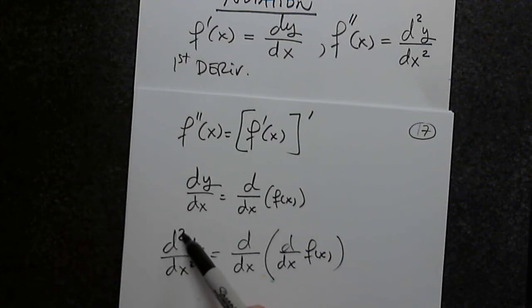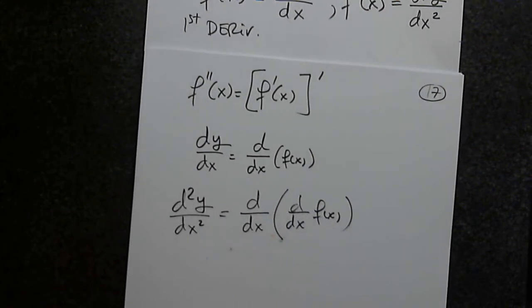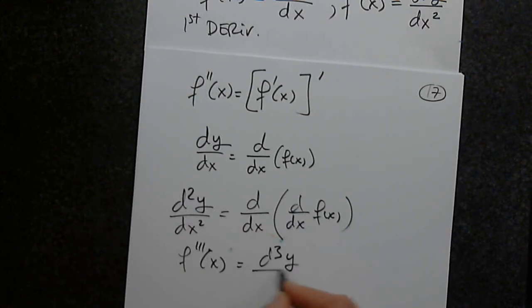Is it somewhat better? So, of course, the third derivative, and so on and so forth, would be d3y dx the third time.